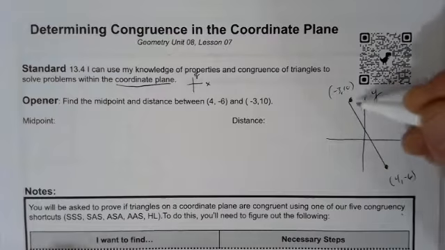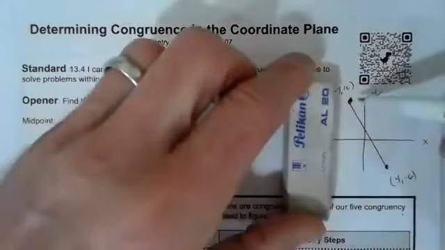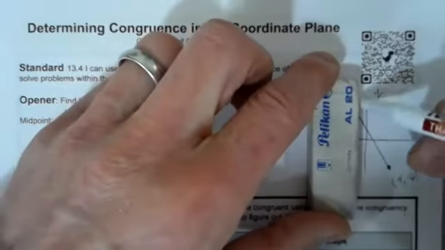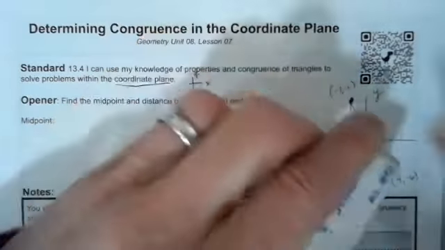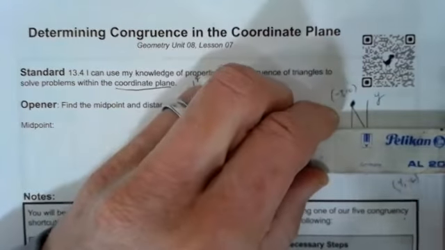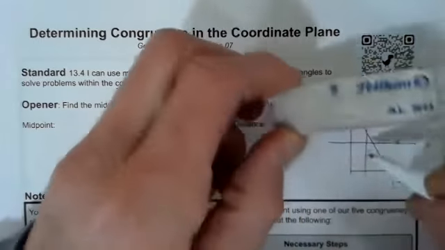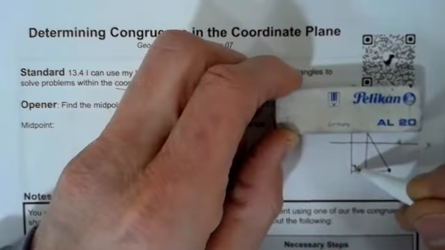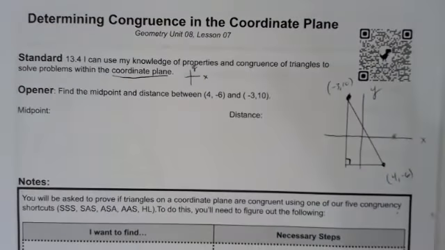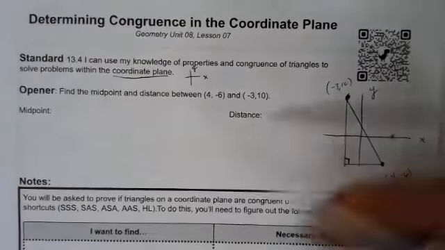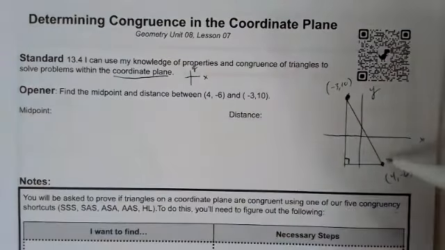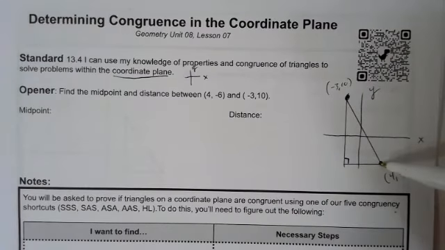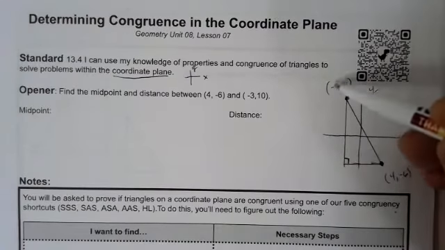Now, one way to do this that we've been teaching you is to create a horizontal and a vertical that make a right angle and also a right triangle. So to determine the midpoint, if here on the x-axis we're at 4, how far over do we have to travel to get to -3?